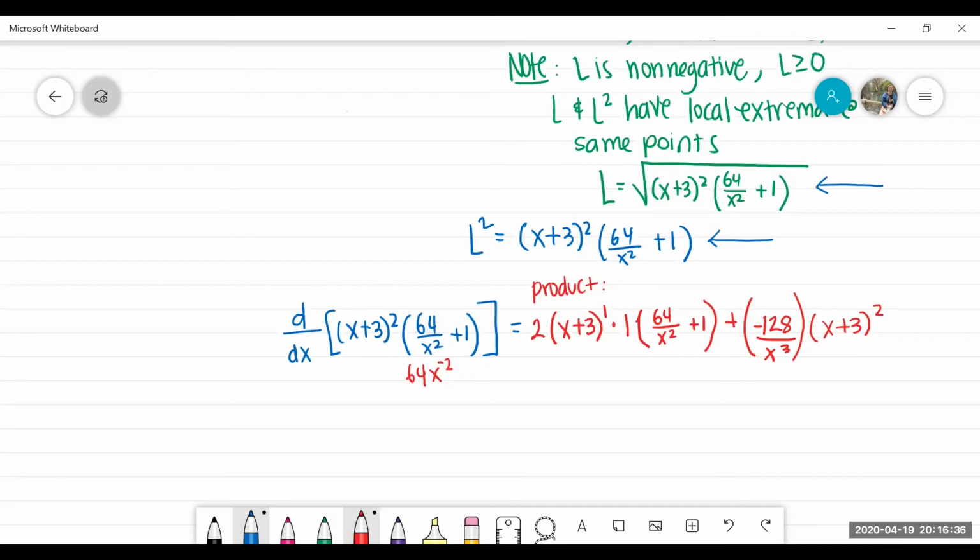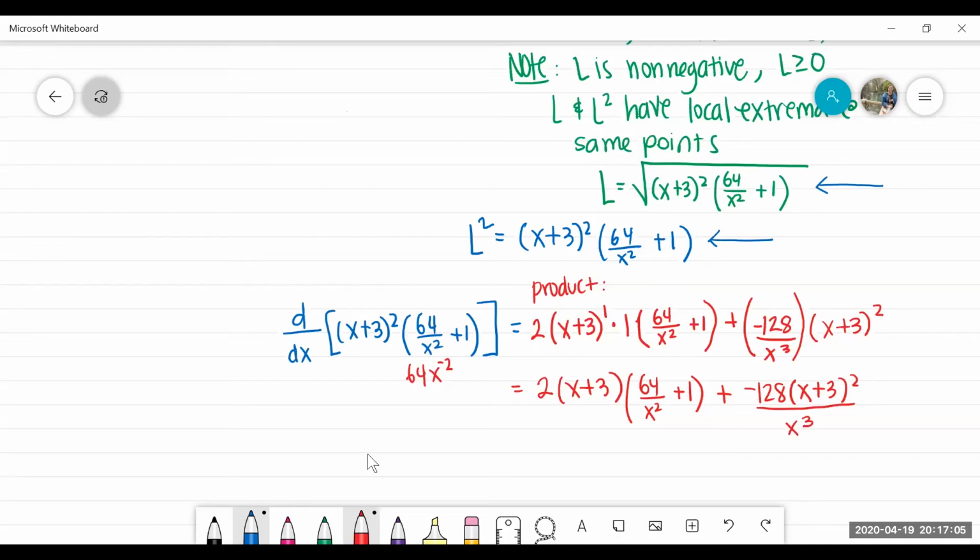That was the first part, right? So lots of cleanup here. We've got 2(x + 3), and actually we can factor that out, which I'll do in a minute. We've got 64 over x squared plus 1 plus negative 128 (x + 3) squared over x cubed.